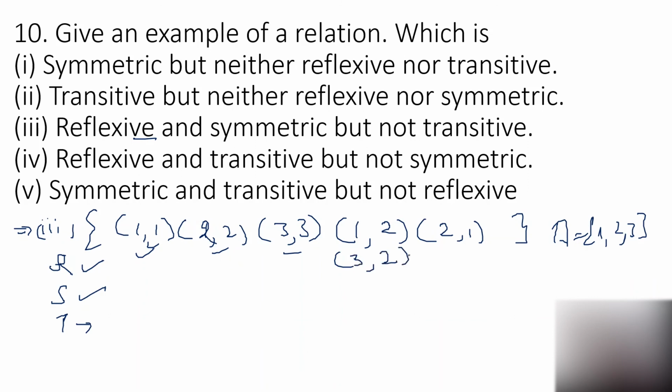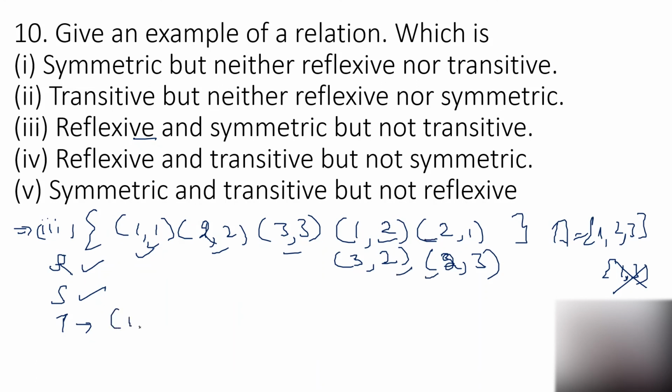We should add (3,2) and (2,3) also. We should not add (1,3). We are not going to add this. So here it also seems to be symmetric, but it is not transitive.